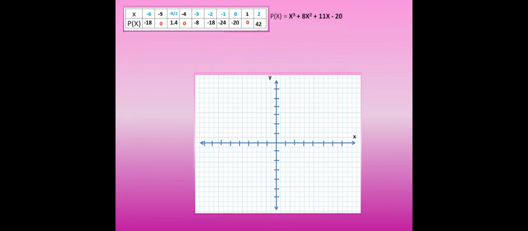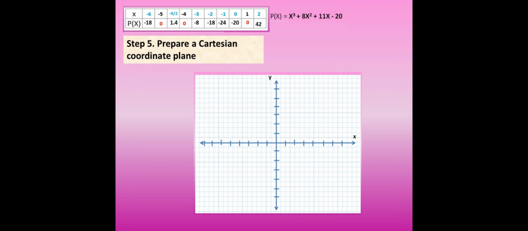So we have step 5. Prepare the Cartesian coordinate plane. So that is step 5. So we have the x and y axis. And then after that is step 6. We plot and draw the graph and describe the graph.